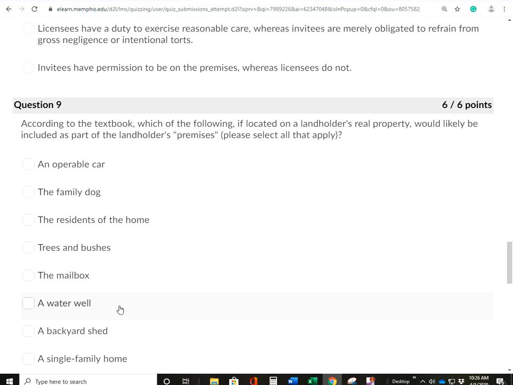A water well is a naturally occurring water table under the ground. Well, not a well itself. With a well, I would drill down into the water table, but that water table may be part of my land or my property, and it's growing out from my property and maybe servicing other properties or other landowners in the area, because you typically only own a piece of the land, right?